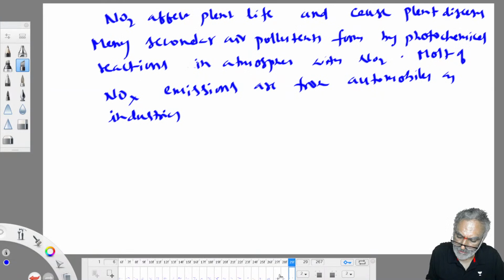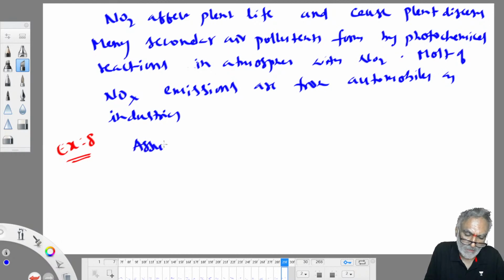Question number 8. So mainly you have to focus on numericals. This is an ESE question. Without a calculator you can manage.